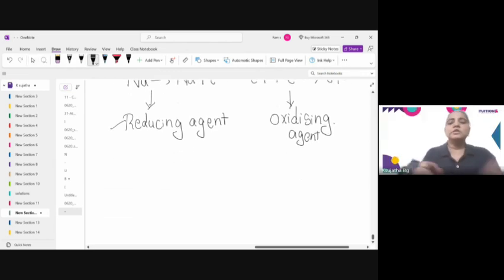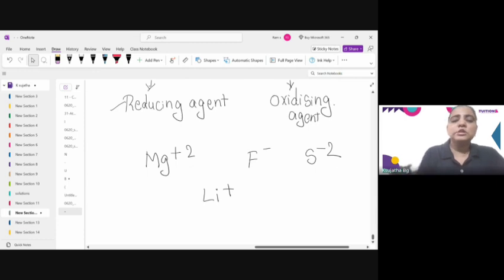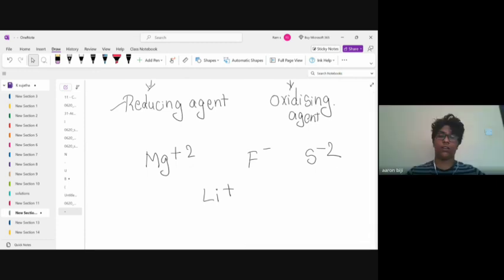You have to identify whether it is losing or gaining. I'll give charges, and based on the charges you identify. Let's say Mg plus 2, F minus, S minus 2, Li plus. Out of these four species, which are losing electrons and which are gaining electrons? Mg2+ and Li+ are losing electrons. Very good.